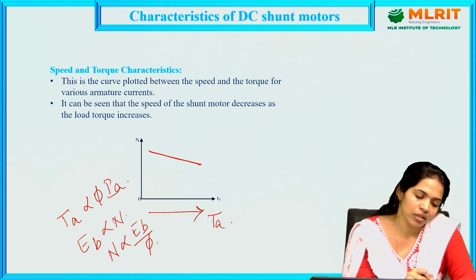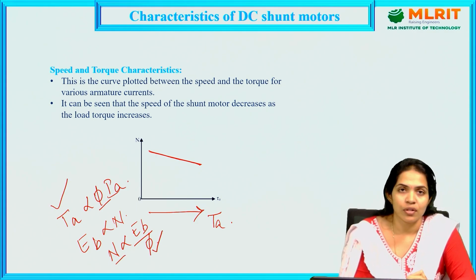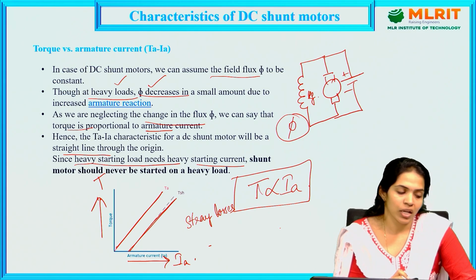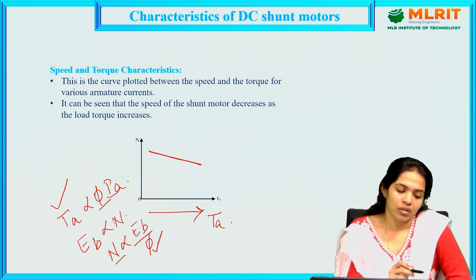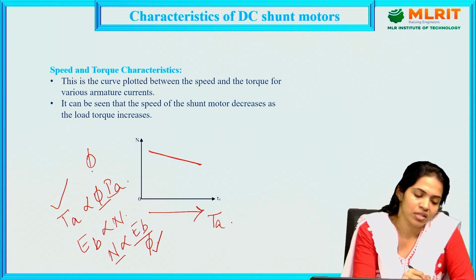Torque is directly related to phi and speed is inversely related to phi. Taking the previous two characteristics into consideration, when flux is maintained constant for this kind of shunt machine, the torque remains constant.